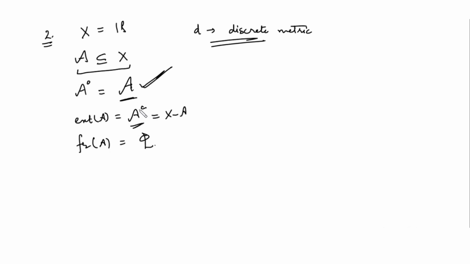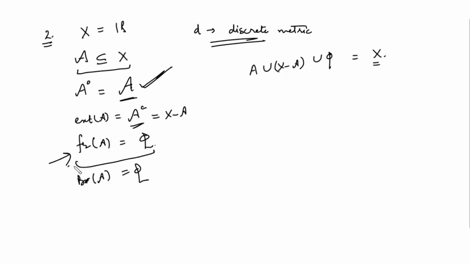It has to be, because each subset is open, right? So the frontier is phi, and when you take the union of all this, it is the whole set X. And what are the boundary points? Phi. That is also phi, because there is no frontier point.